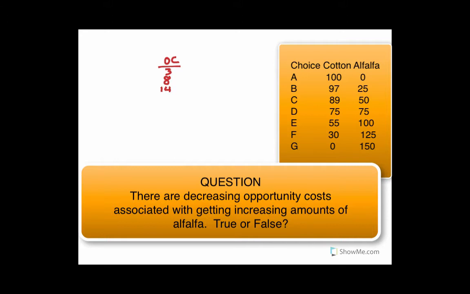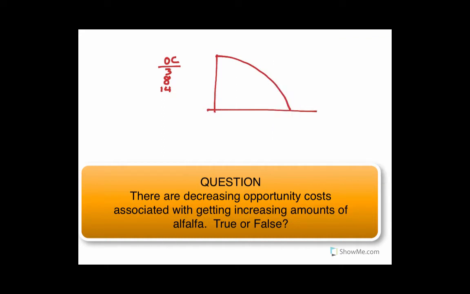And the reason for that is that maybe at the beginning when you're producing only a few alfalfa, we have this. I'll draw a picture here of what this production possibilities curve might look like. When we're producing all cotton right here, this is cotton, and this is alfalfa. We're producing all cotton here and 0 alfalfa. The idea is that maybe there's a few people in this economy who are really good at producing alfalfa.